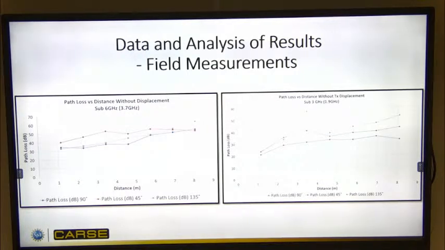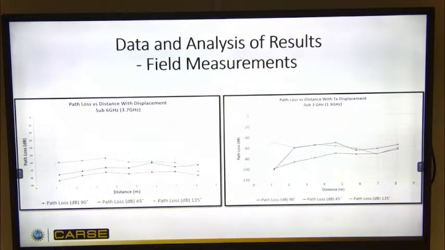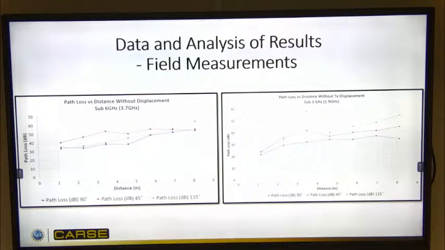However, for the 45 and 135 degrees, in both cases, it can be seen certain alterations, and these can be caused by different factors such as the height of the walls or the region of the measurements, etc. And well, it is important to highlight that these results are without a displacement.